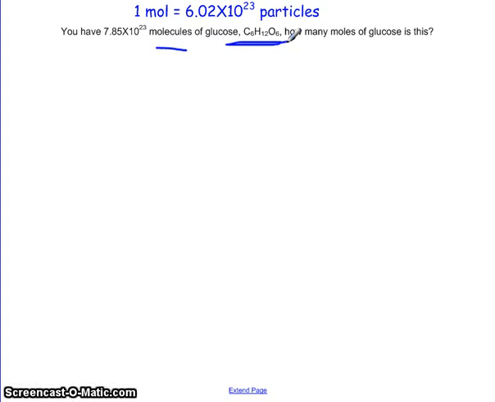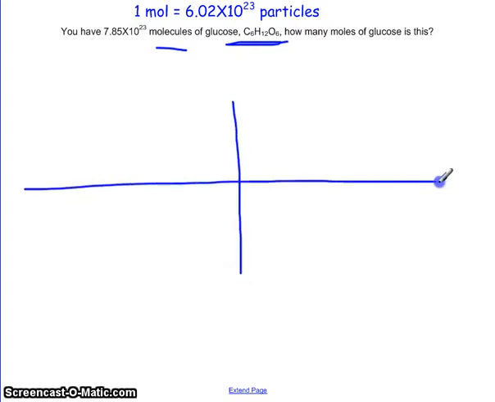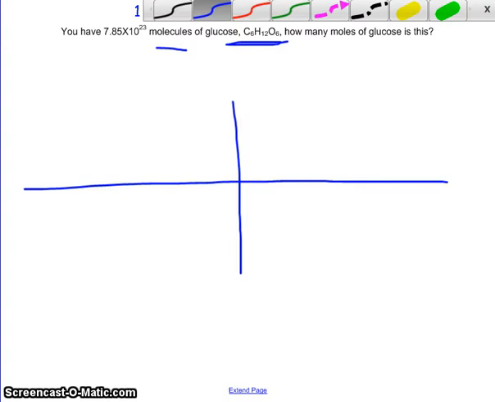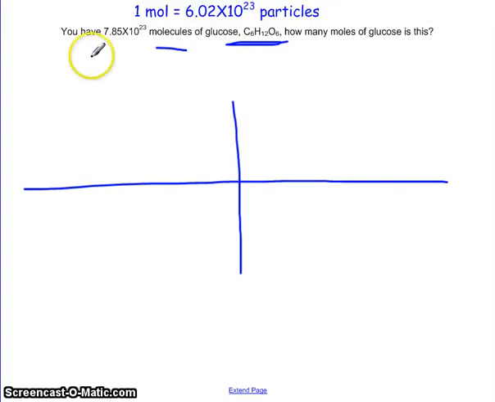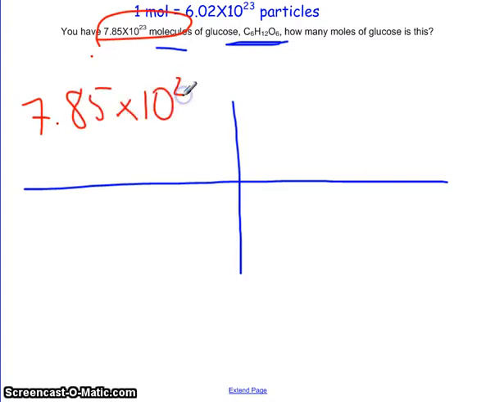Regardless of that, 1 mole of anything is going to be 6.02 times 10 to the 23rd of that thing. So again, use our T-chart. Start with our given, 7.85 times 10 to the 23rd molecules.